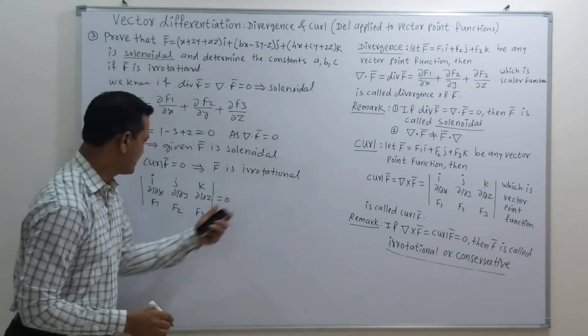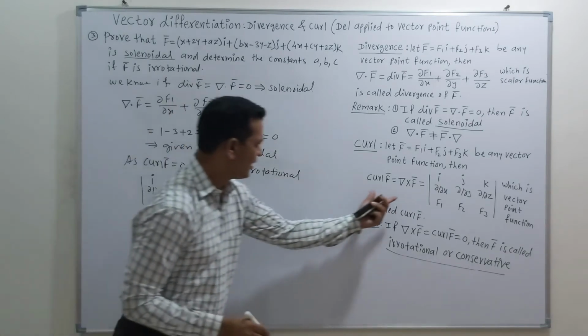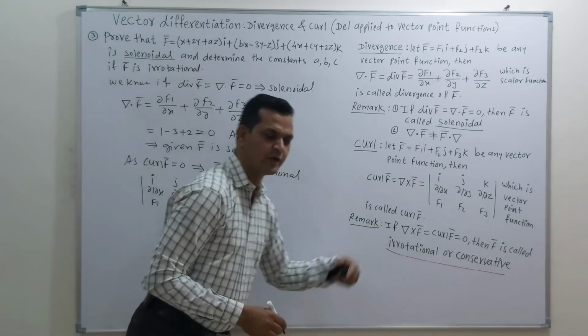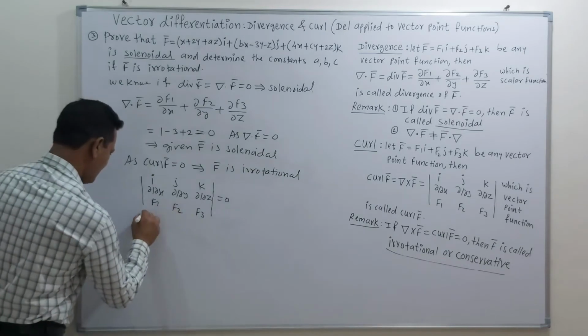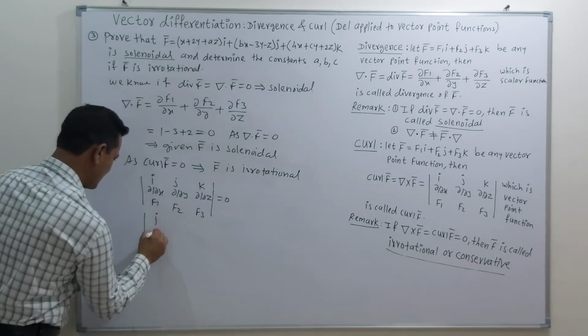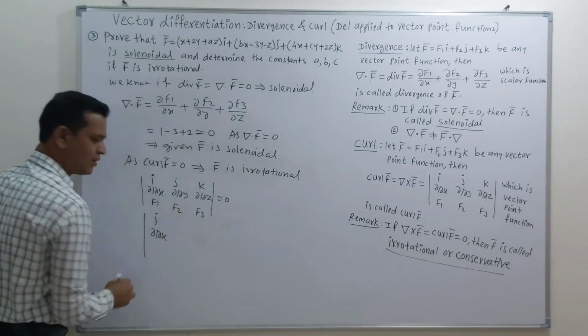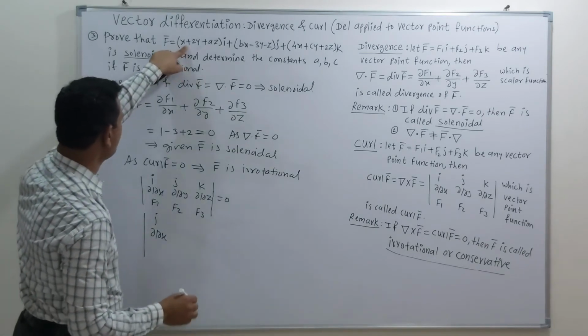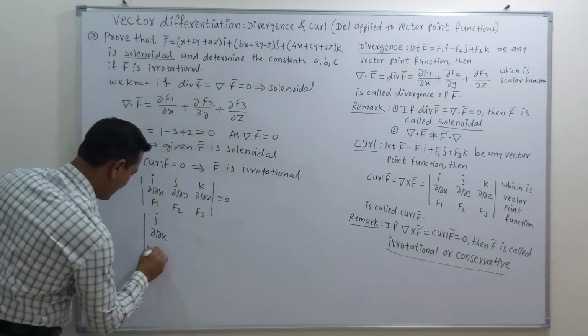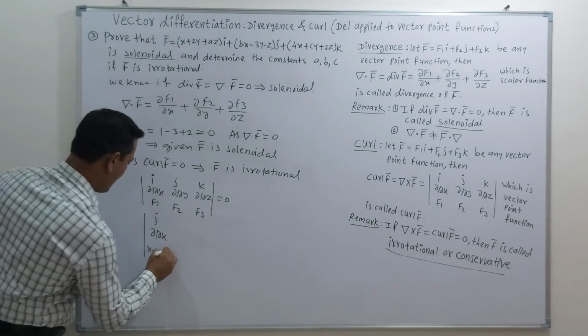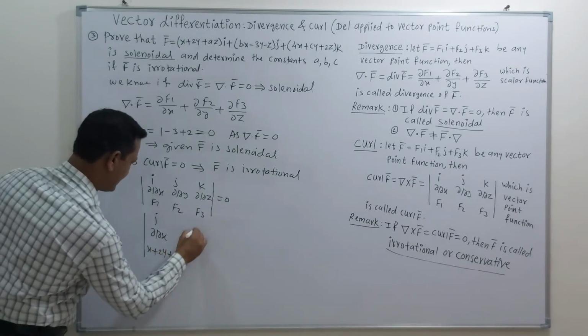So as f bar is irrotational, that means this determinant is equal to 0 according to the definition of an irrotational vector field. Now friends, let's put the values. So this is i, partial derivative with respect to x of f1, which is x plus 2y plus az.